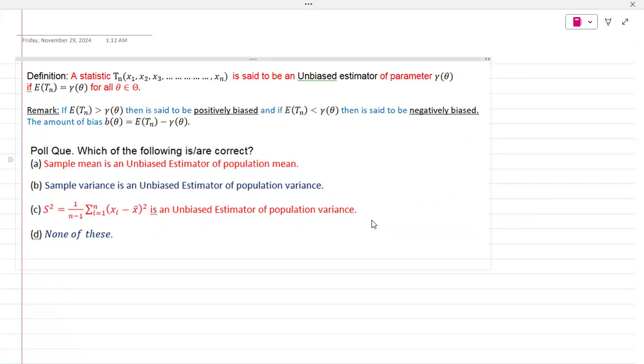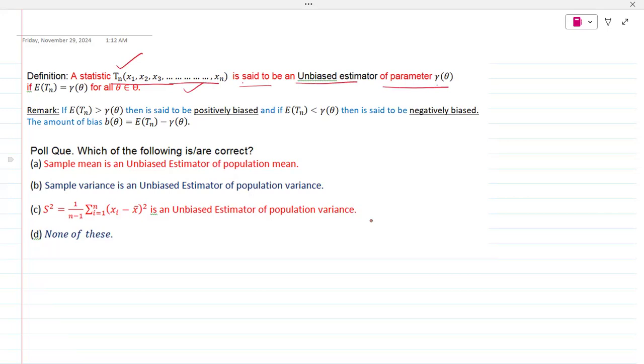So the first characteristic is the unbiased estimator. A statistic, meaning a function of the sample observations, Tn, is said to be an unbiased estimator of the parameter gamma if the expected value of Tn is equal to gamma for all theta coming from the parameter space.